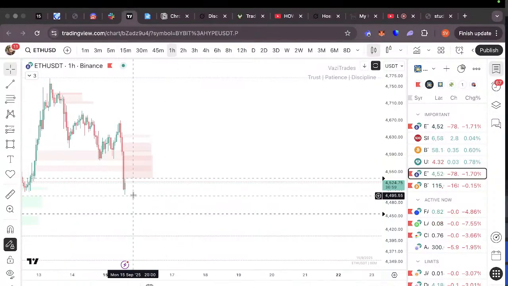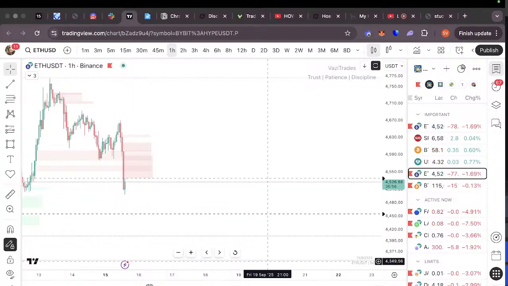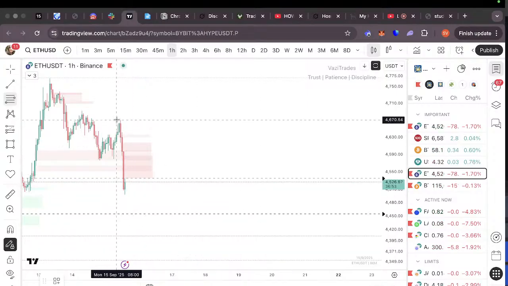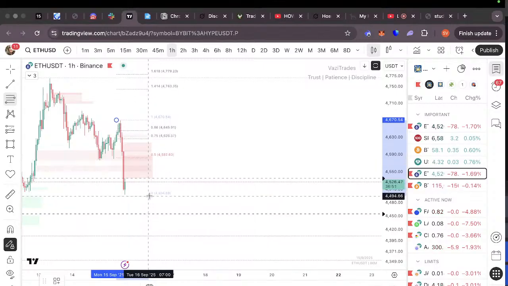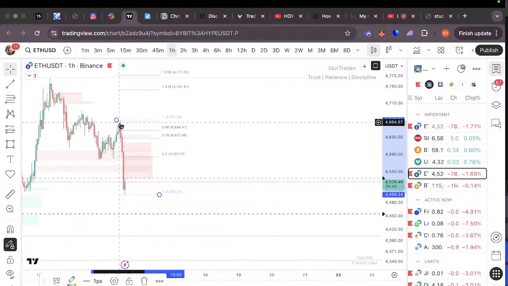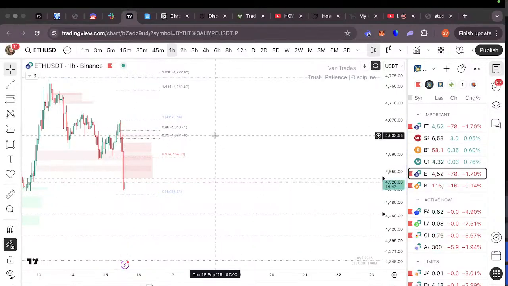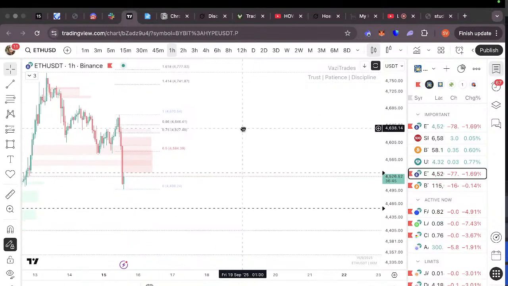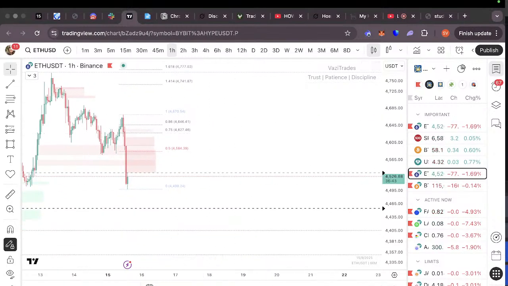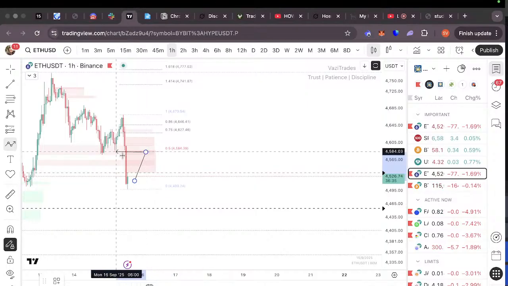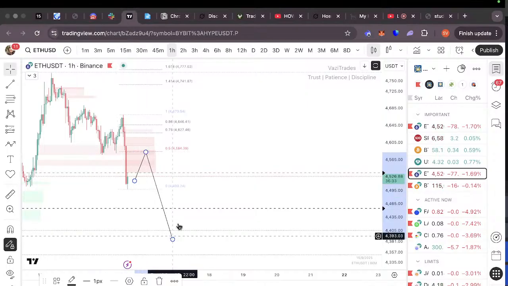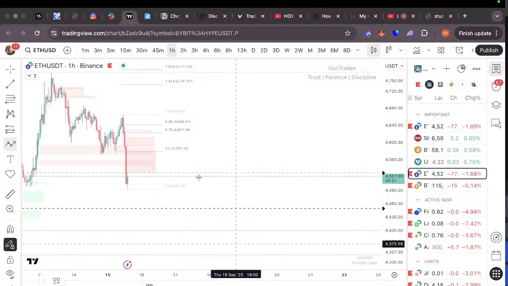What you can do here, if on 1 hour this will be our bottom, you can simply put this Fibs on this bearish move, and it will give you possible strong resistance levels. Which means Ethereum in the next hours can bounce till the 0.5 resistance, which also aligns with FVGs, and again continue its downtrend move.